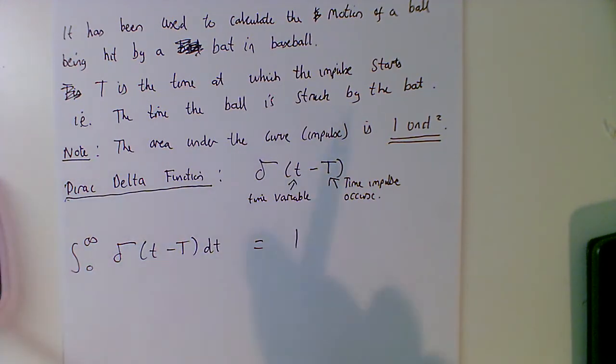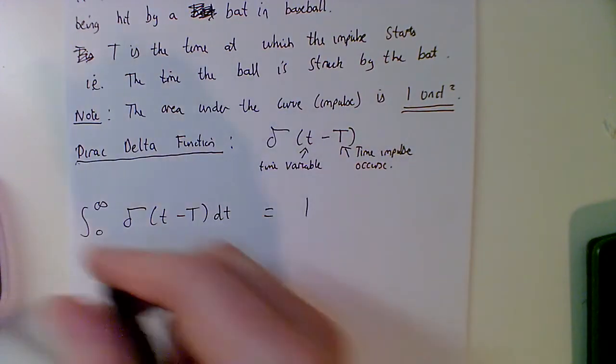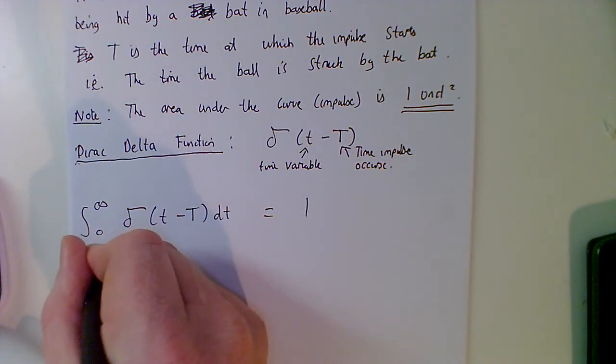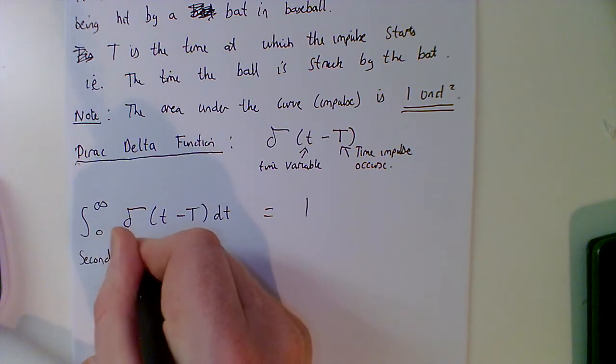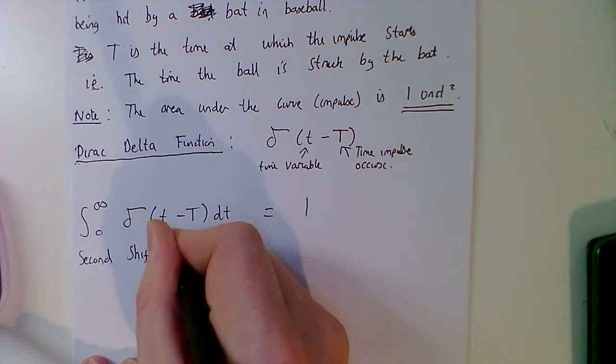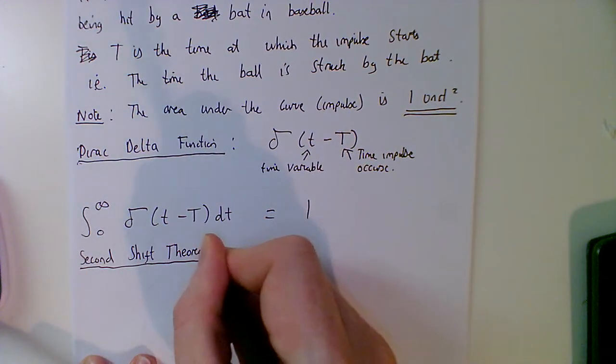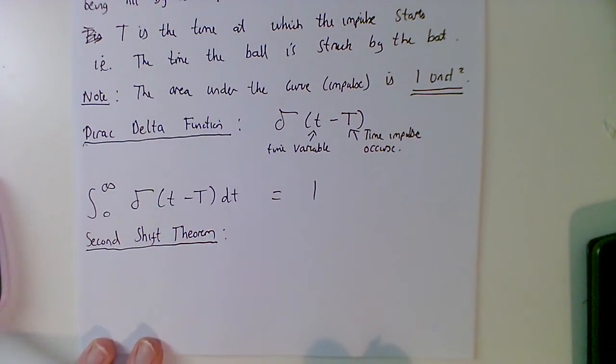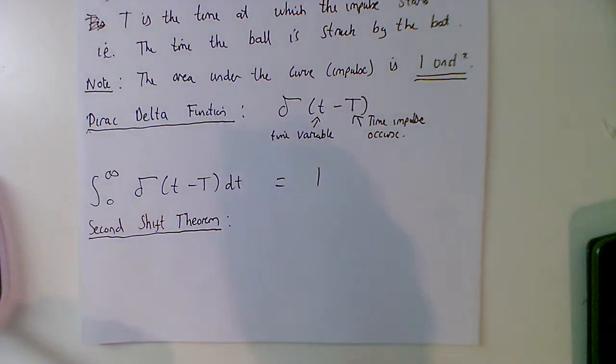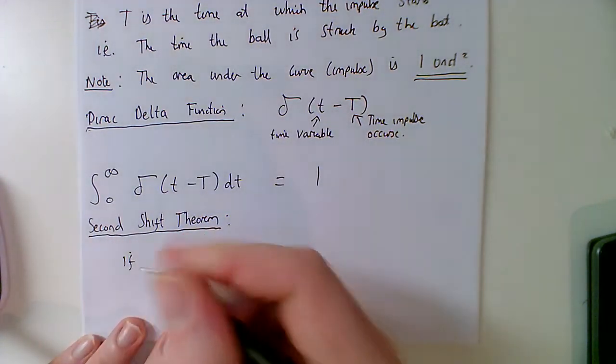Right, now in order to use the Dirac delta function, we need to use a second shift here, or some people might know that as the second shifting theorem, whatever you want to call it. This is the maths bit.